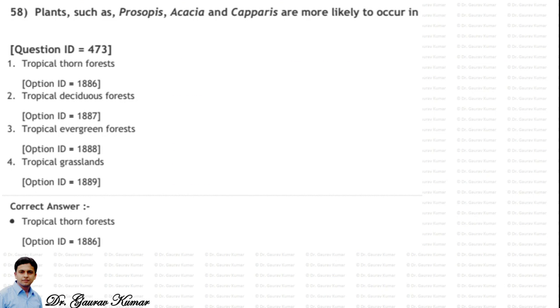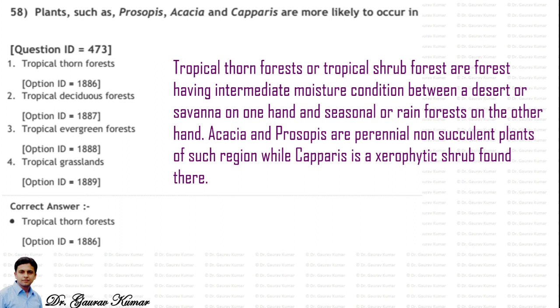The answer is tropical thorn forest. Tropical thorn forests or tropical shrub forests are forests having intermediate moisture conditions between a desert or savanna on one hand and a seasonal or rainforest on the other hand. Acacia and prosopis are perennial non-succulent plants of such regions, while capparis is a xerophytic shrub which is found there.